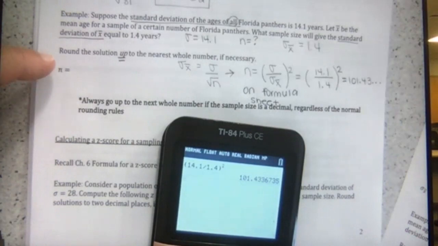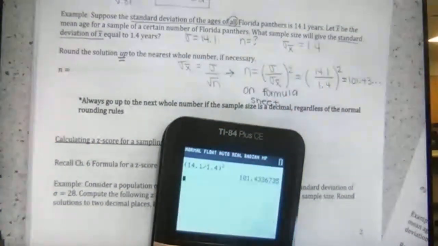Notice it says round the solution up to the nearest whole number. So forget about rounding rules, always round it up. We're talking about Florida Panthers, right? So it's saying 101.4 Panthers. I don't want 0.4 of a Panther. So always round up to the next whole number. So 102.